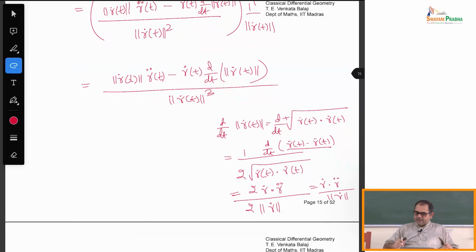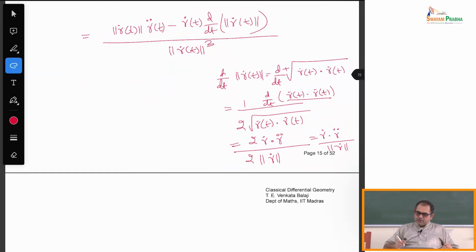That is this expression. The other way of looking at it is, you can directly write it like this. You know that norm gamma dot squared is gamma dot dot gamma dot. You simply apply d by dt: you will get 2 norm gamma dot times d by dt of norm gamma dot is equal to, if you do d by dt on the right side, you will get 2 gamma dot dot gamma double dot.